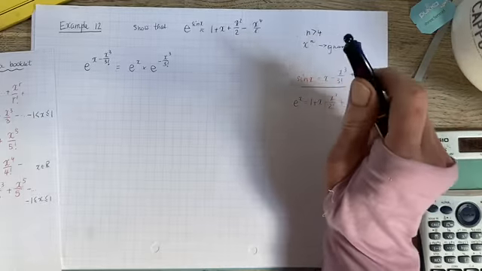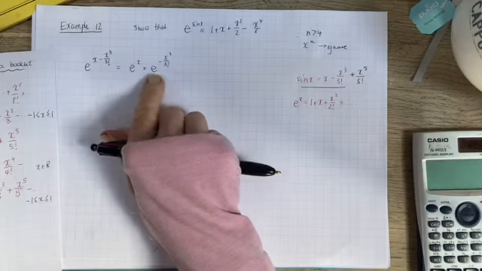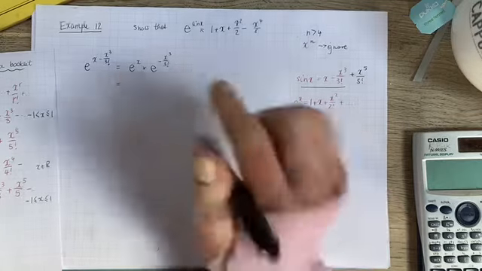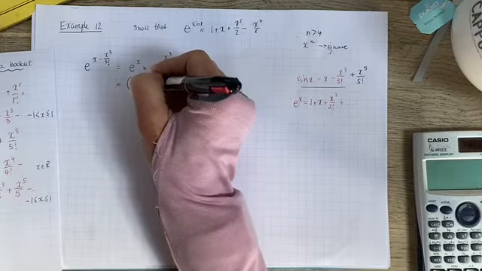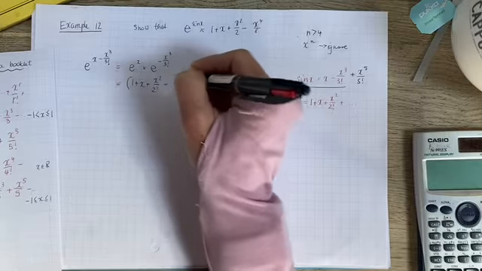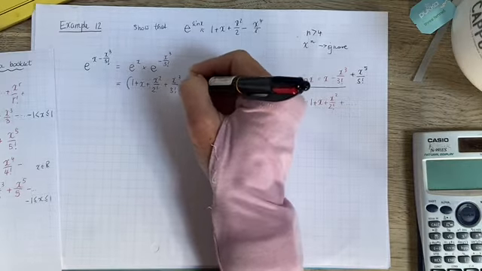So instead of e to the power of x, we can write this expansion, which is 1 plus x plus x squared over 2 factorial plus x cubed over 3 factorial. I need to go to the next one as well; we'll explain in a minute why more.